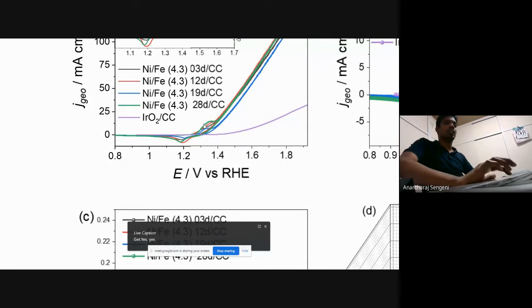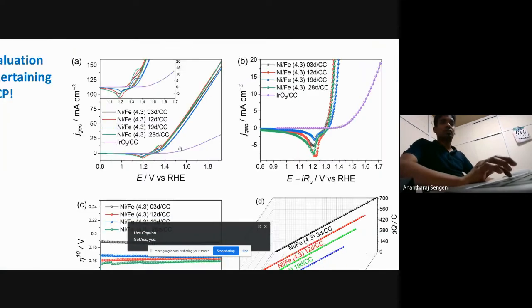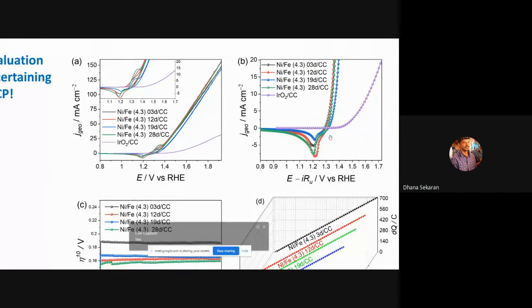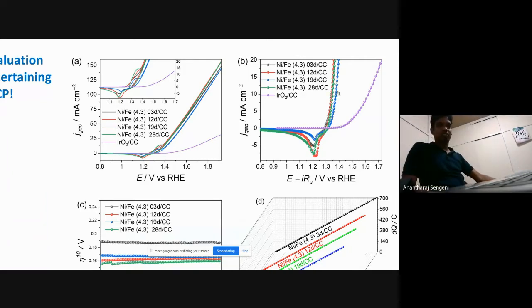The only thing I can do is take the backward sweep. Can you see the backward sweep here? The same plot, but different. In this case, at 10 milliampere, there is no issue of the redox peak, so you can easily measure the overpotential and report it.